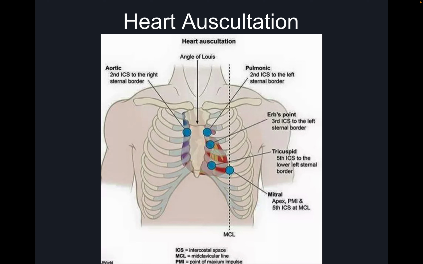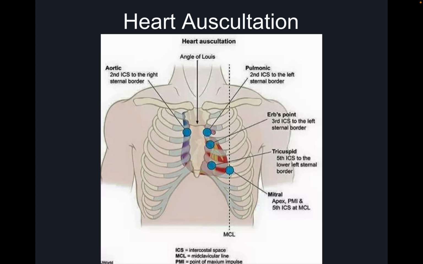And when we're auscultating, we use these points, predominantly the aortic, pulmonic, tricuspid, and mitral blue circles, moving typically from that second intercostal space on the right sternal border to the second intercostal space on the left sternal border, moving down to the fifth intercostal space along the left sternal border, and then moving more inferior to the nipple line along the fifth intercostal space in the mid-clavicular line, and that would get you the mitral point.